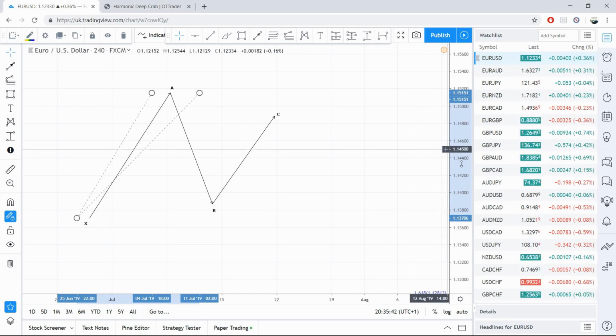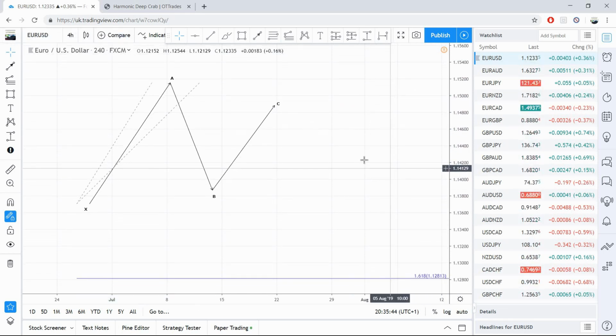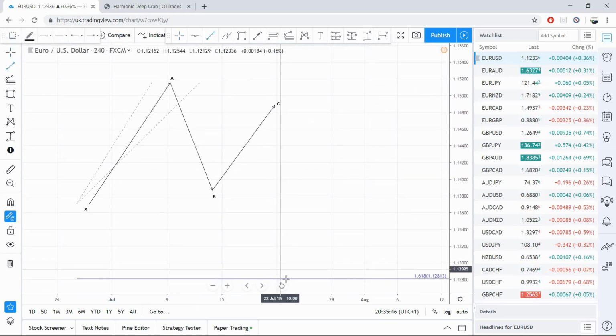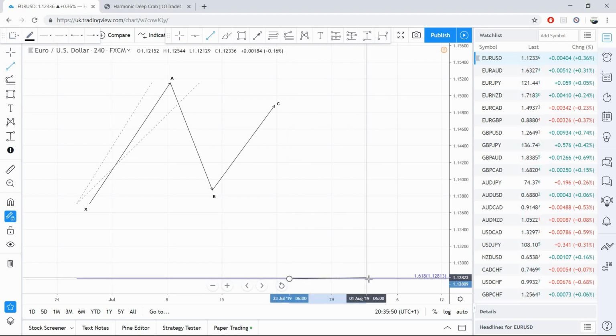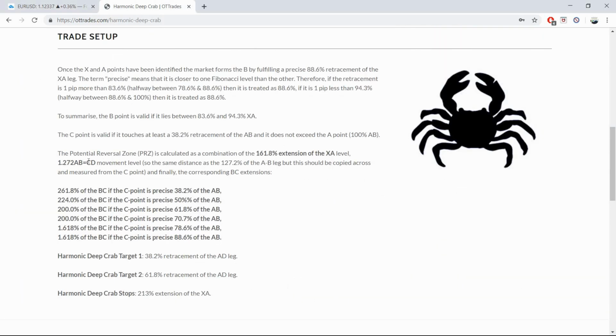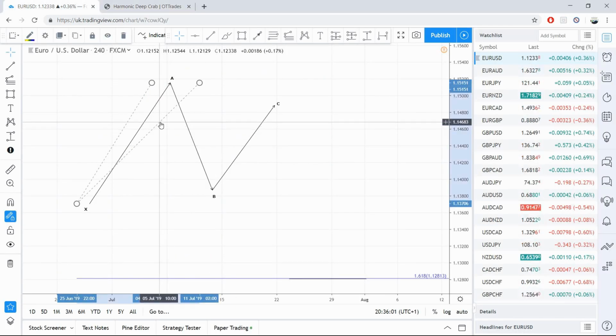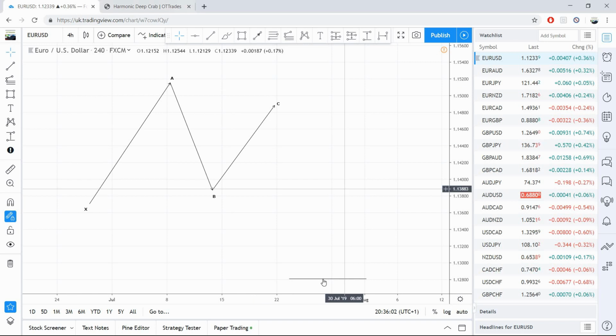Okay. So 1618 level, if I draw this in a line, 1618 of the X to A forms our first point within our potential reversal zone, or PRZ.